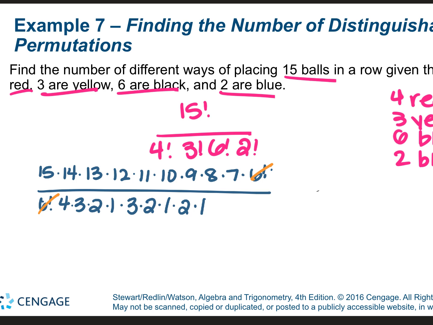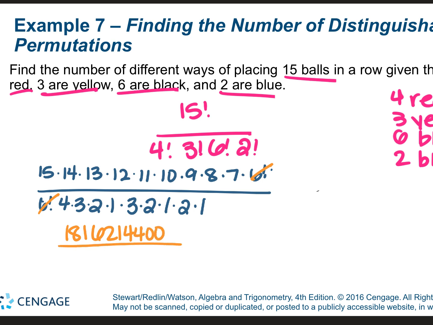So up top, we have 15 times 14 times 13 times 12 times 11 times 10 times 9 times 8 times 7. This gives us 1,816,214,400.